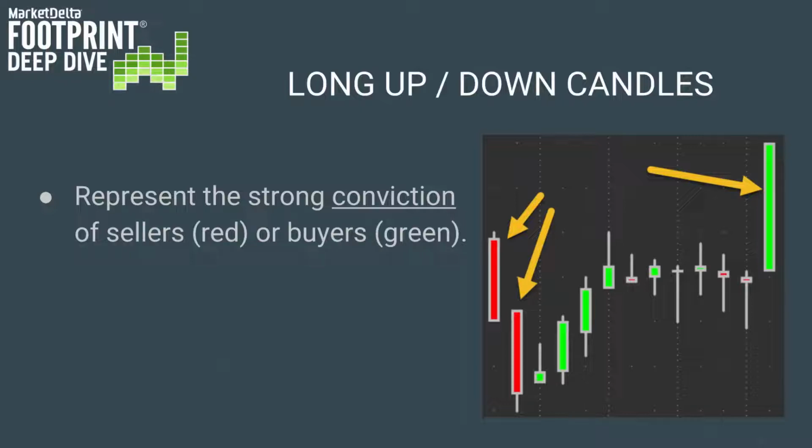These strong bars tend to occur at the beginning or end of a move. So I think of it as initiation or exhaustion. You can look through charts and you'll see examples of that, where this may have been exhaustion.